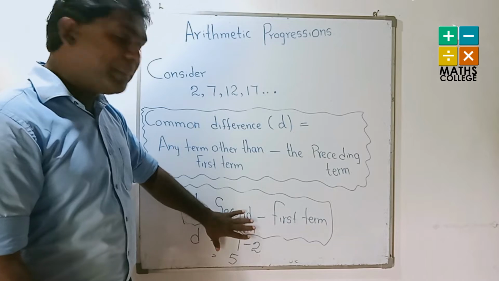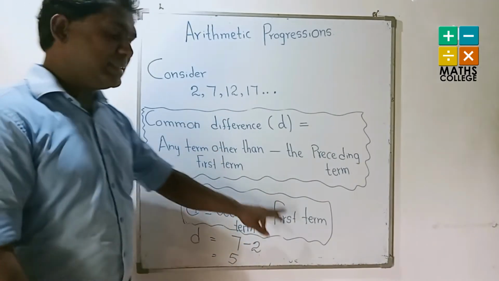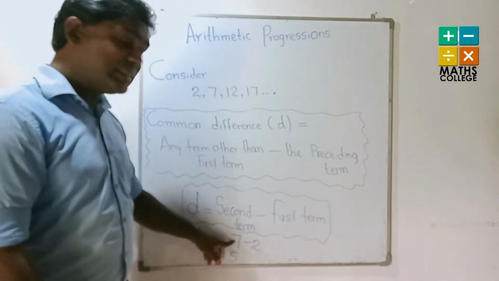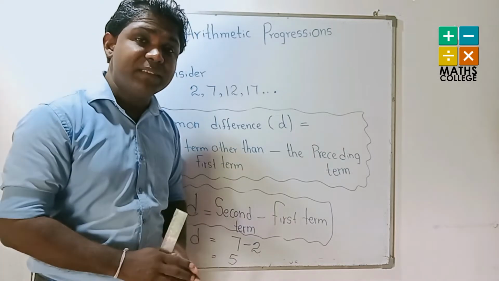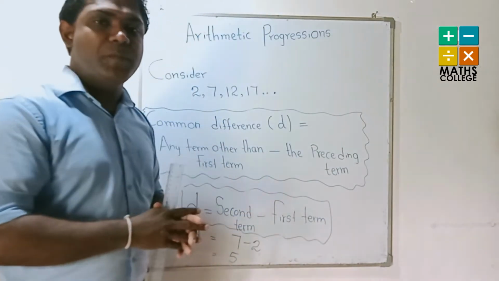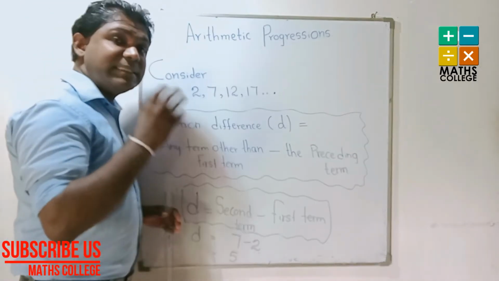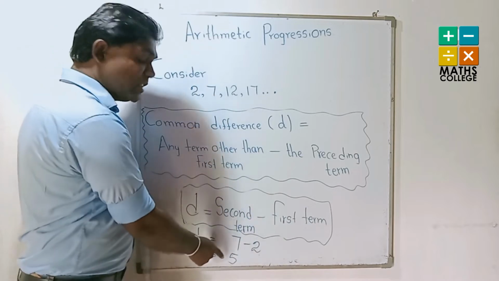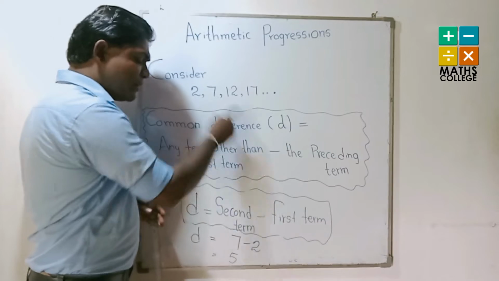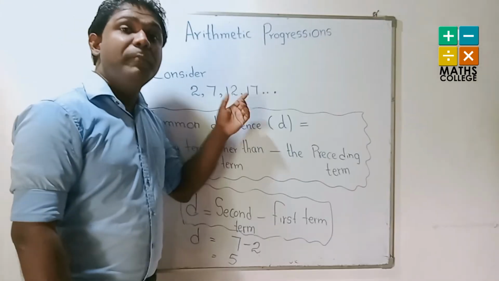The second term minus the first term: 7 minus 2 is 5. Also 12 minus 7 is 5, and 17 minus 12 is 5.